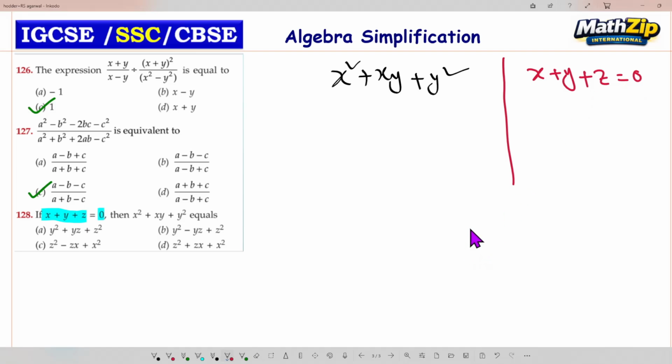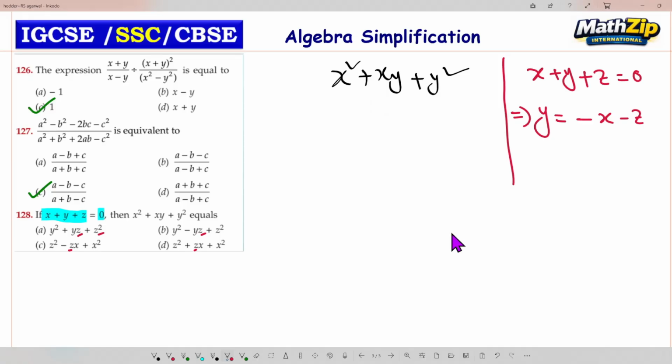In this case, what can we do? Look, here the answer has z, right? So if we consider y, we can write minus x minus z. It means we are adding minus x and minus z. Now this one we will put into these expressions.